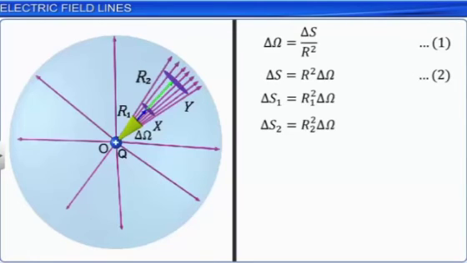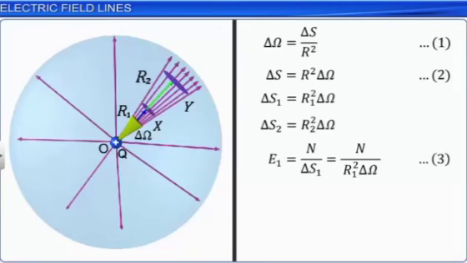Therefore, the electric field strength E1 at x will be equal to the number of field lines per unit area at x, which is equal to n by delta S1, or n by r1 square into delta omega, using the value of delta S1. Let this be equation 3.